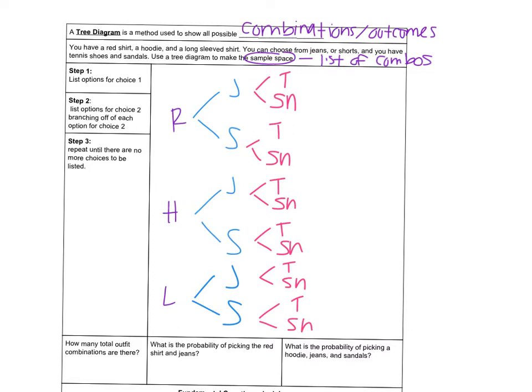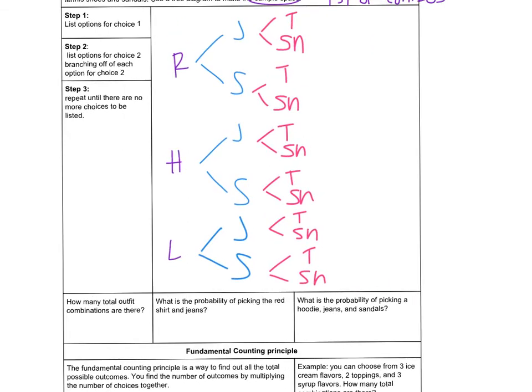So it's called a tree diagram because it's making branches off of each choice for all the other choices. Kind of scoot it up a little bit now. So how many total outfit combinations are there? We're just going to go through, and the number of options on the last choice will give me my total combinations.